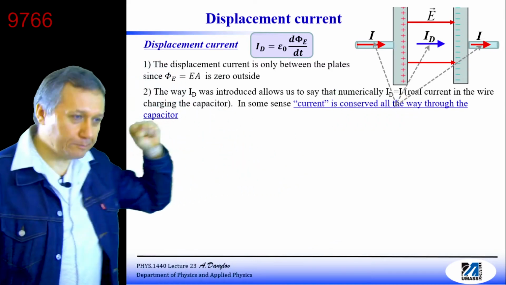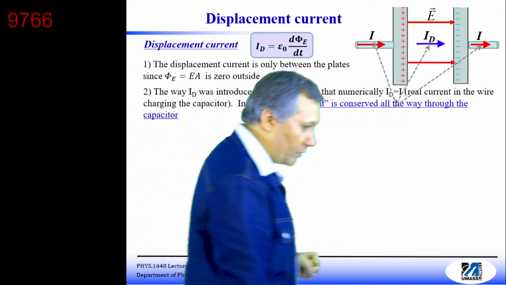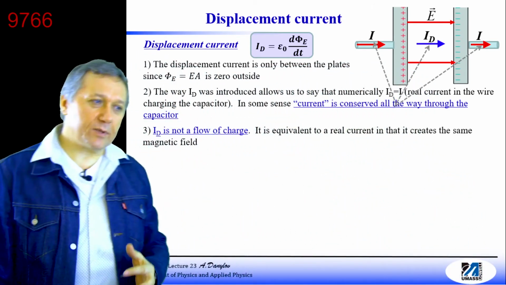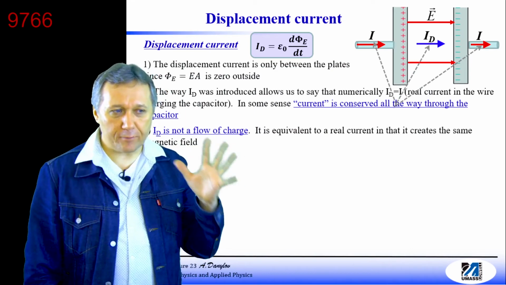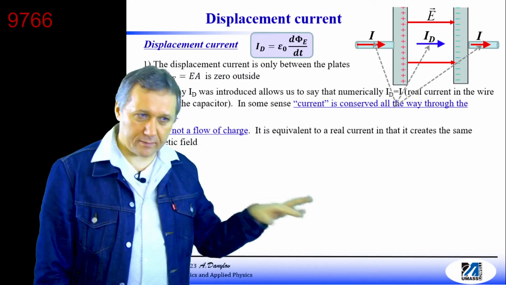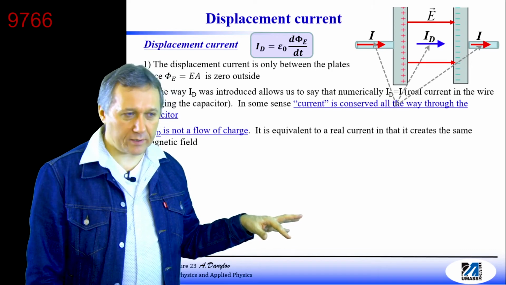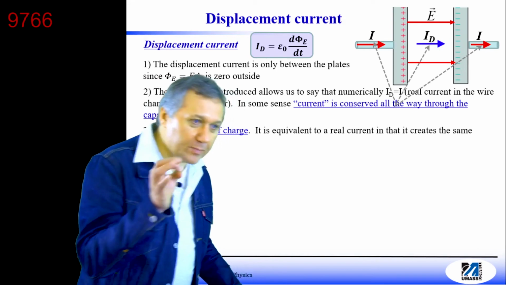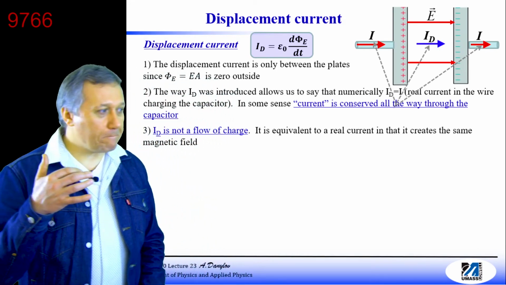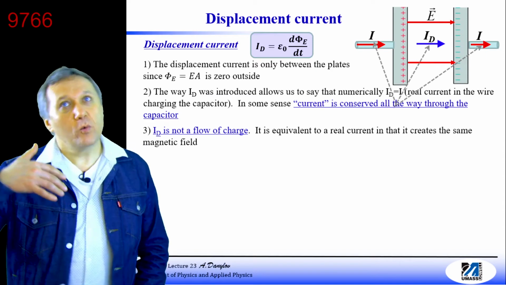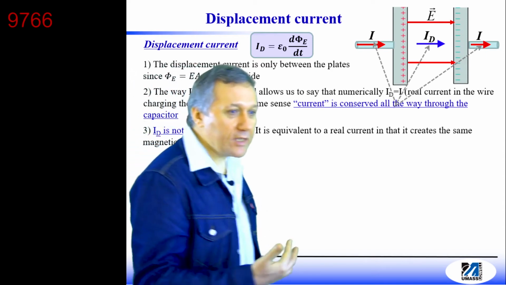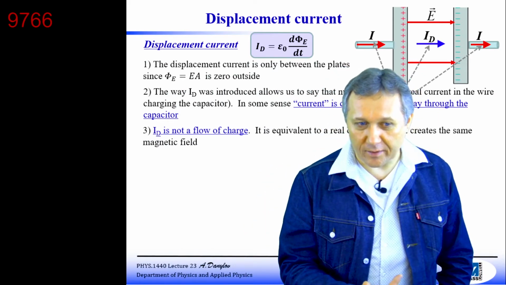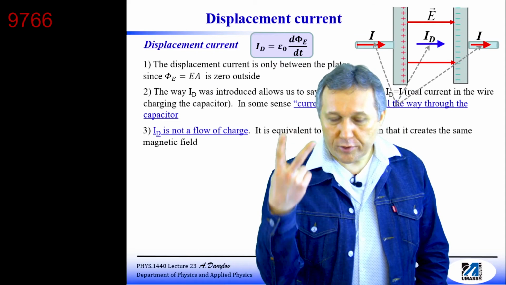Now, probably the most important: what's the nature of this displacement current? This displacement current has nothing to do with a flow of charge. Nothing. The nature is completely different, although numerically they're equal. What does a displacement current have in common with the real current? Only two things.